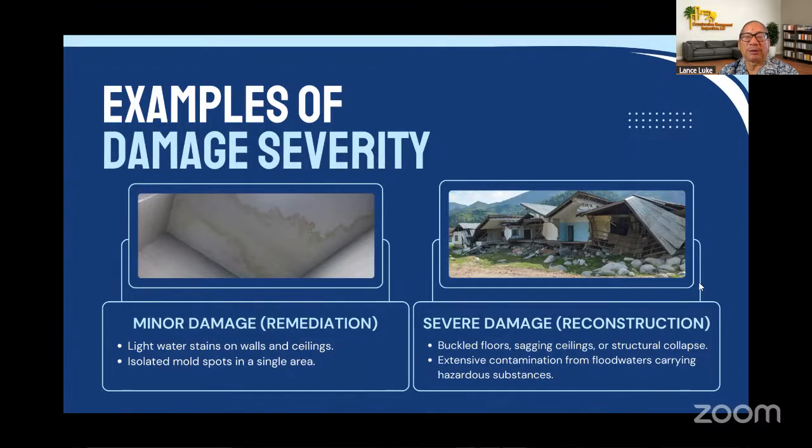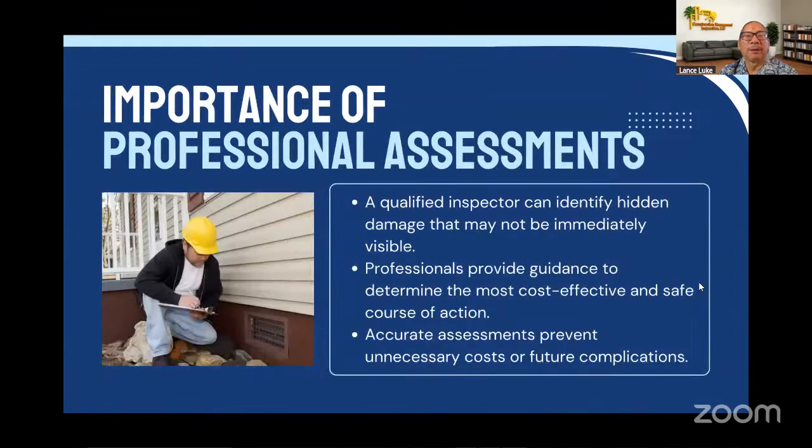The other units had smoke damage, but they had more water damage due to putting out the fire. So there's secondary damages in addition to the primary damage, which was the fire itself. So keep those things in mind.